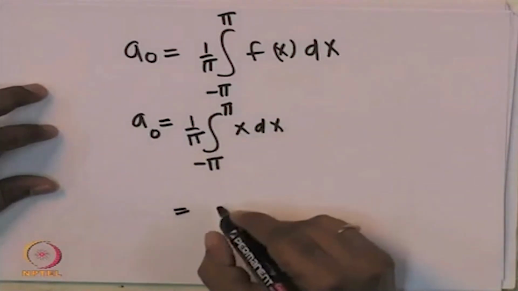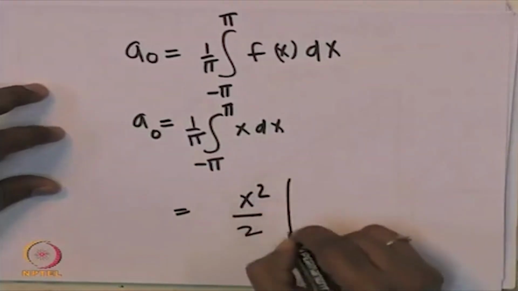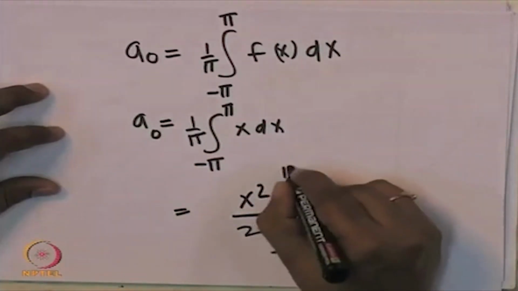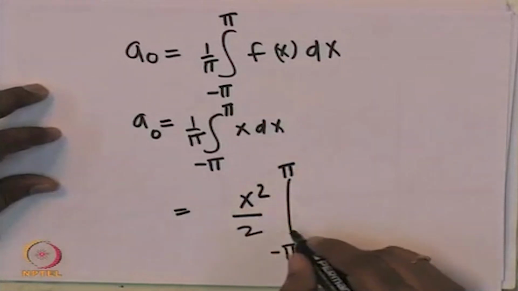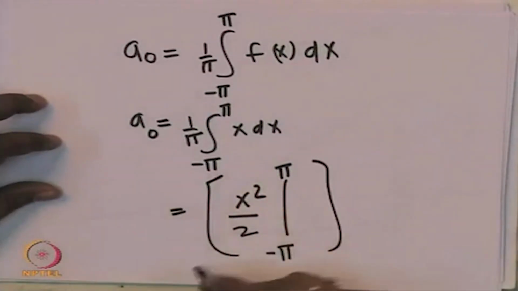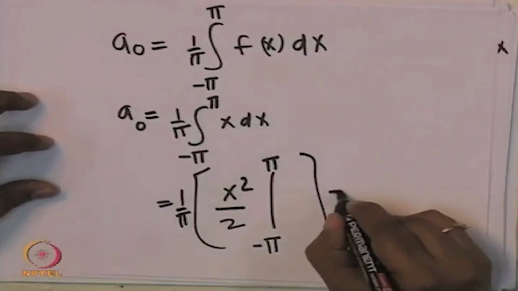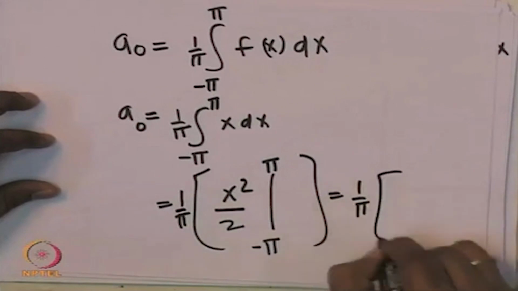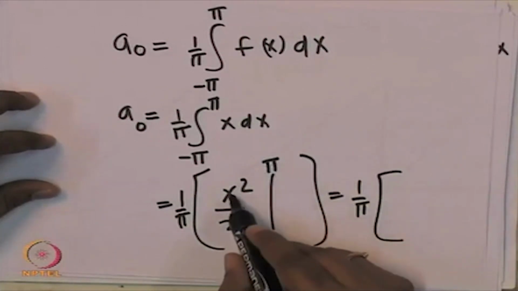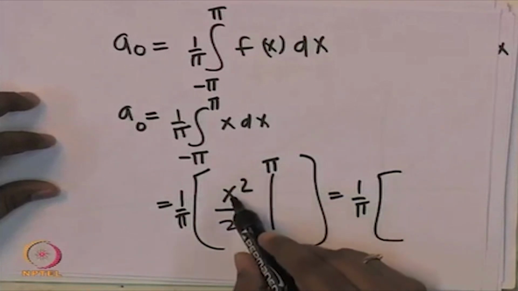So, you can do this, which is integral x dx is x square by 2 from minus pi to plus pi, the whole thing times 1 over pi. If you apply these limits, instead of x I have to put pi.